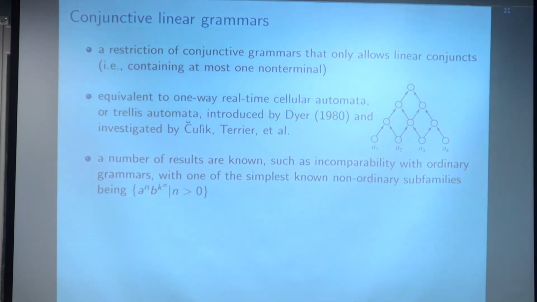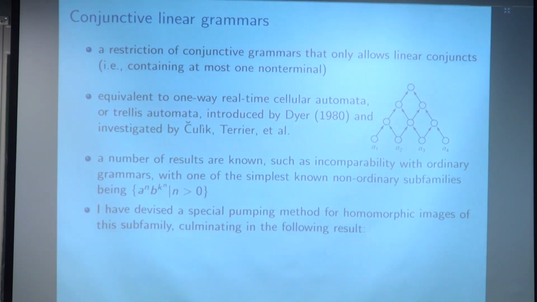In my investigation, I have devised a special pumping method for homomorphic images of this family, which allowed me to prove that the entirety of this family cannot be reduced to just one language.